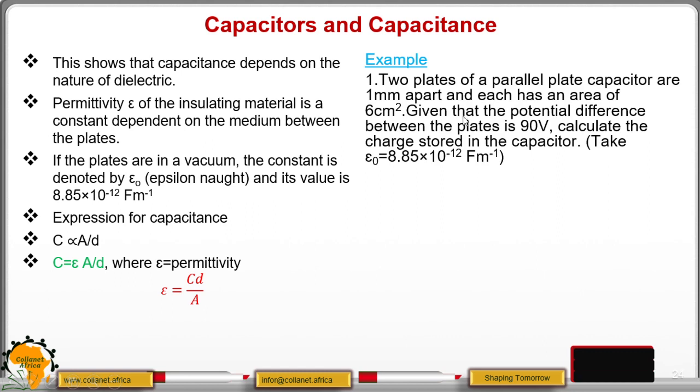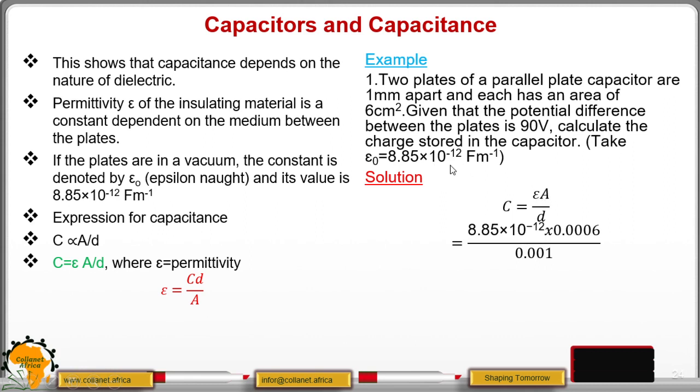We move to an example. The 2 plates of a parallel plate capacitor are 1 millimeter apart, and each has an area of 6 square centimeters. Given that the potential difference between the plates is 90 volts, calculate the charge stored in the capacitor. We proceed as follows. We have the capacitance as epsilon A divided by D. So we substitute our values.